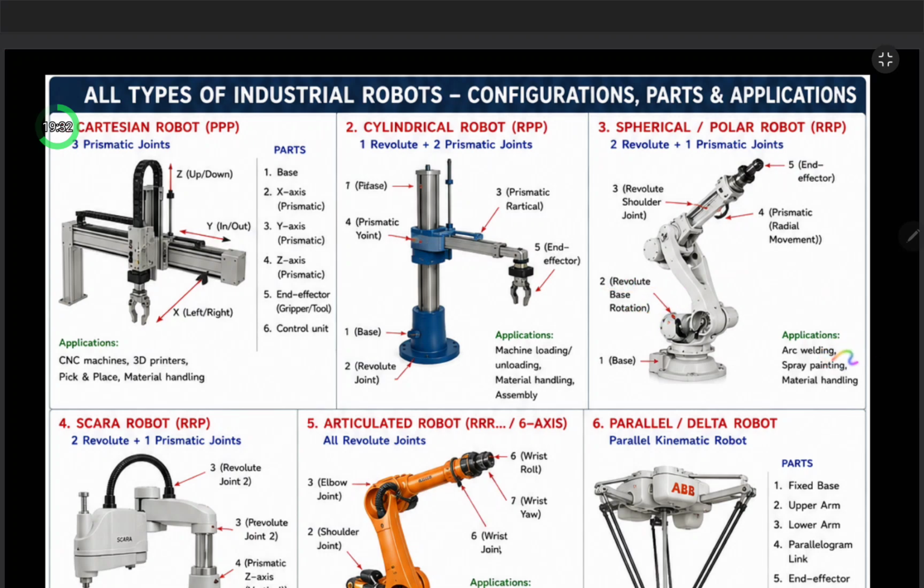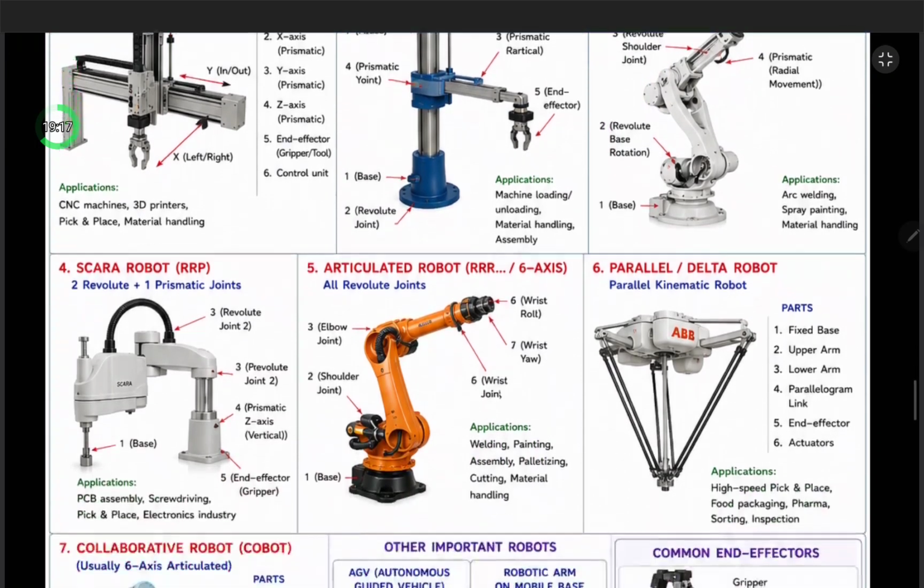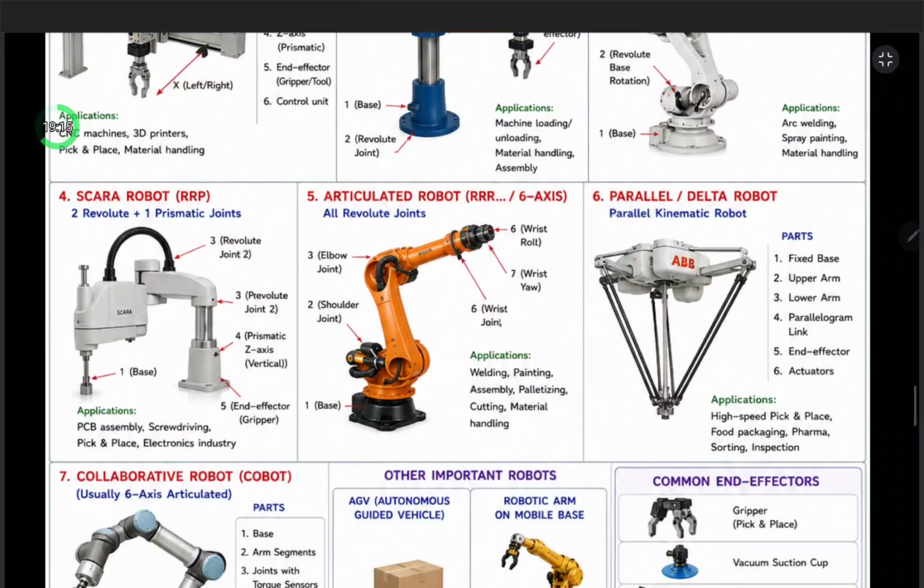Applications are arc welding, spray painting, material handling. 2R you can see here and one prismatic. Similarly, for the SCARA robot, this is 1R, this is P, and this is 1R.